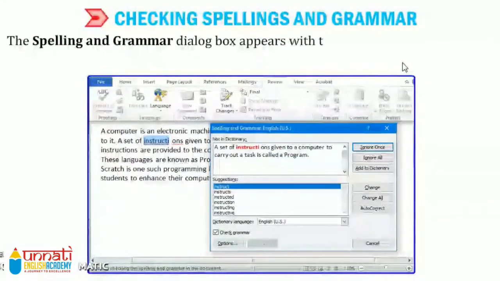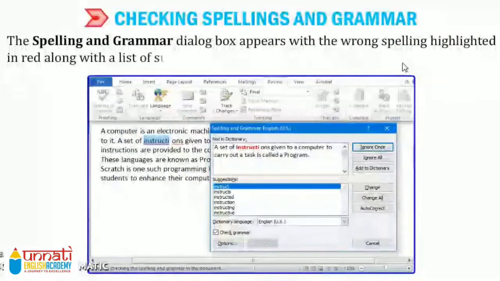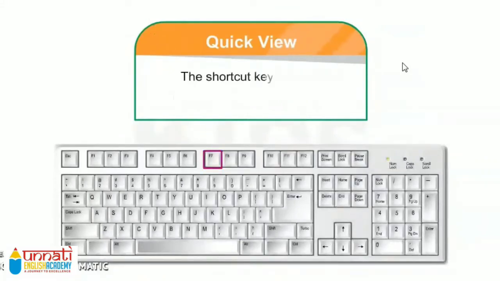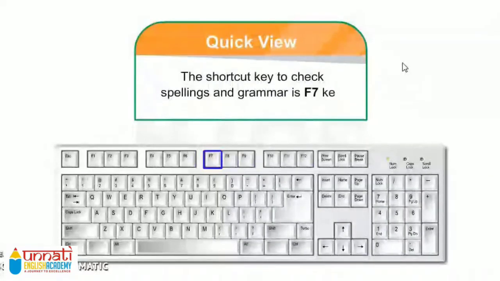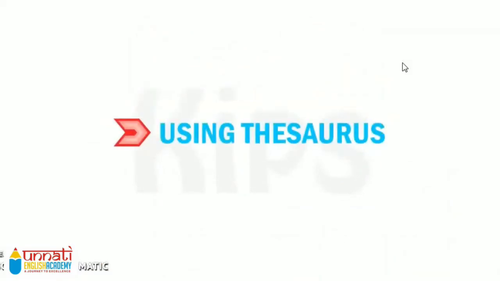The spelling and grammar dialog box appears with the wrong spelling highlighted in red along with a list of suggestions as shown in figure. The shortcut key to check spellings and grammar is the F7 key, which is the function key. What is the shortcut key? F7.